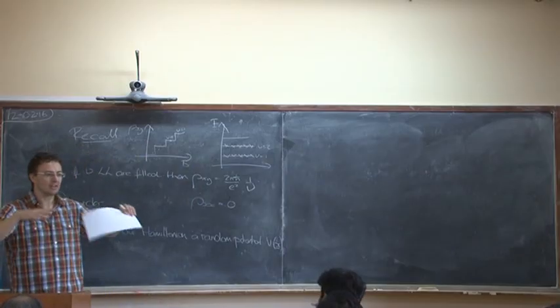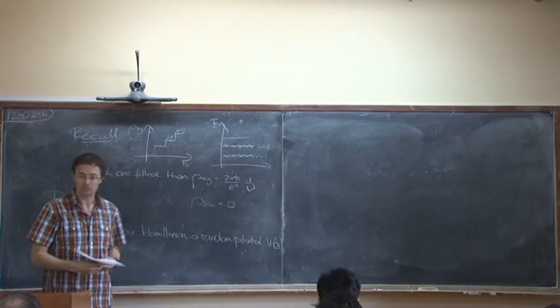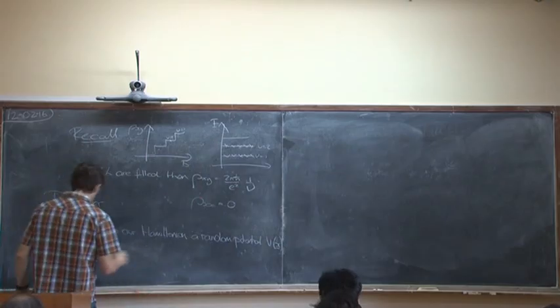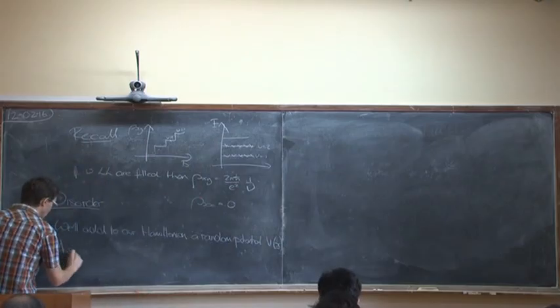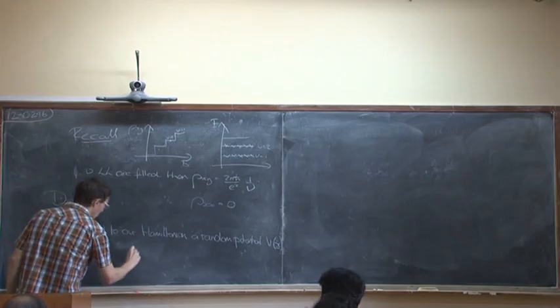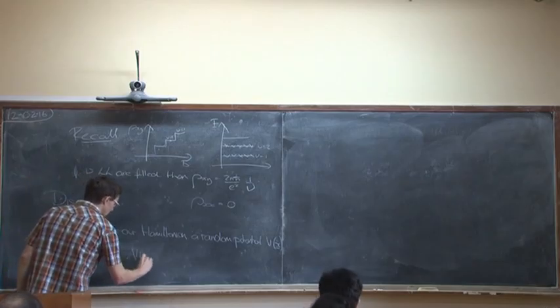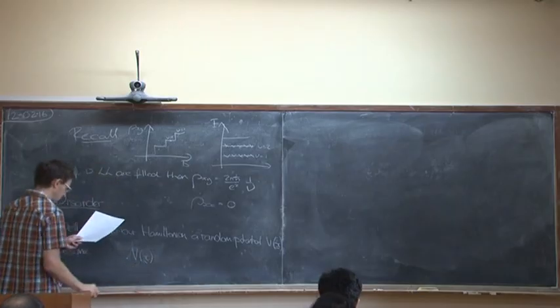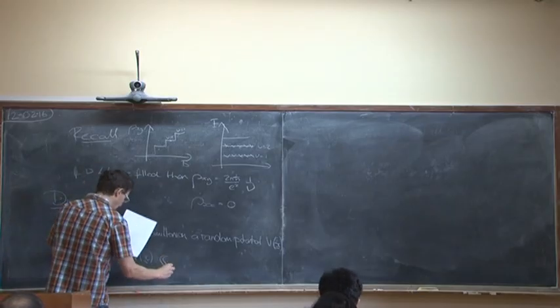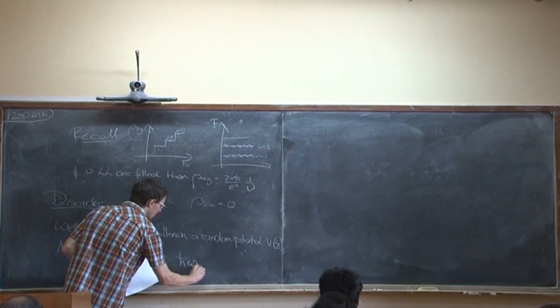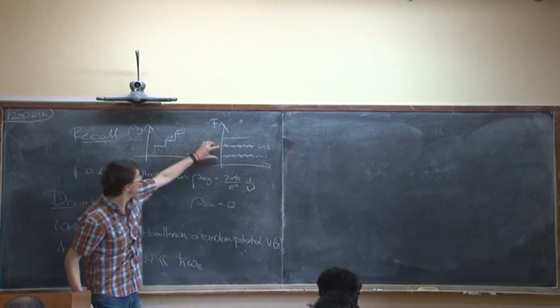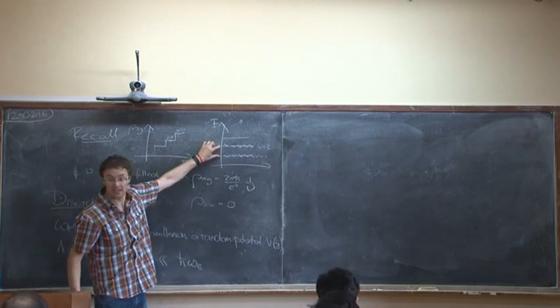Just some random thing you can draw. We're going to assume that the disorder is there, but it's small, where small means that the disorder is much less than the separation between these Landau levels.